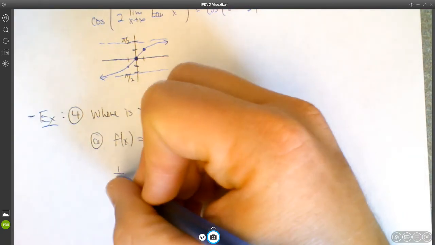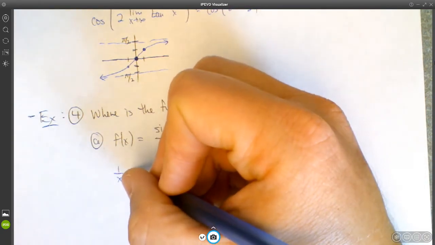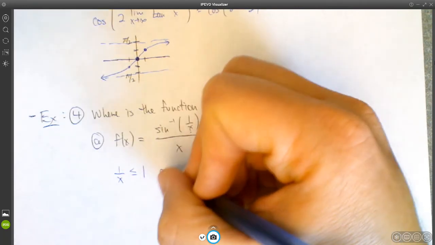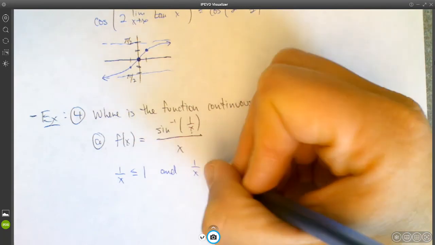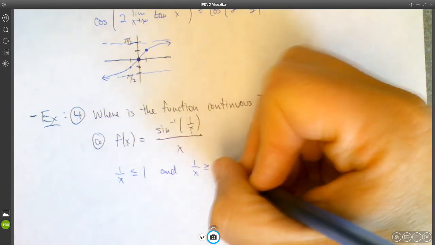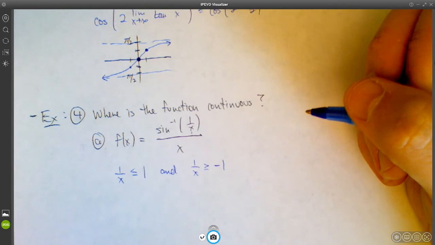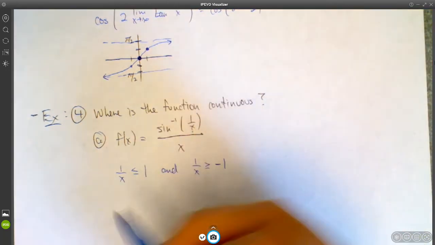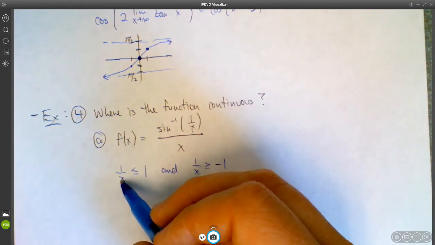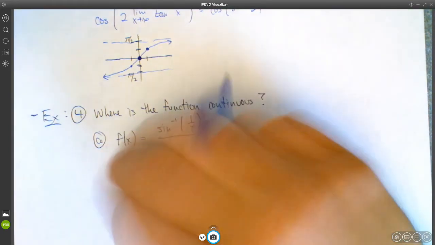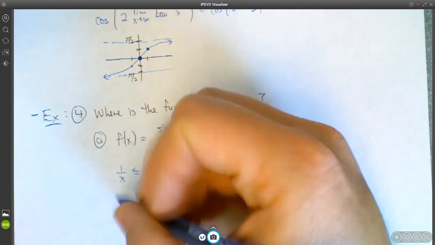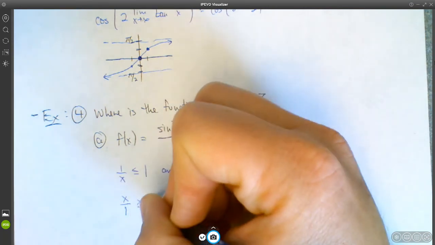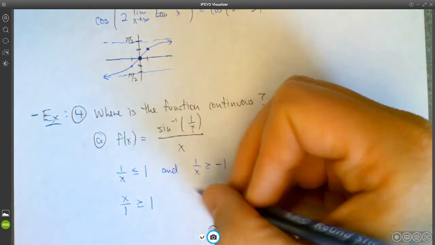We need for 1 over x to be less than or equal to +1, and we need for 1 over x to be greater than or equal to -1, right? So if you solve for x, you can flip the inequality. If you flip the rational expression, then you have to flip this inequality, right? And same thing over here.